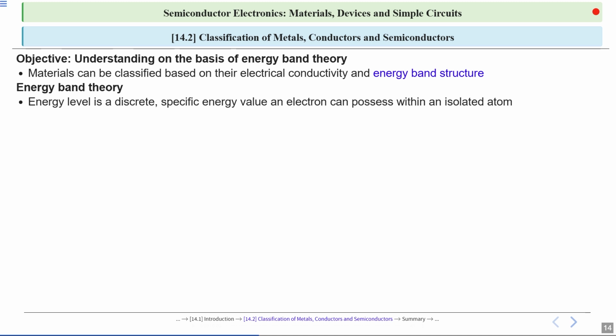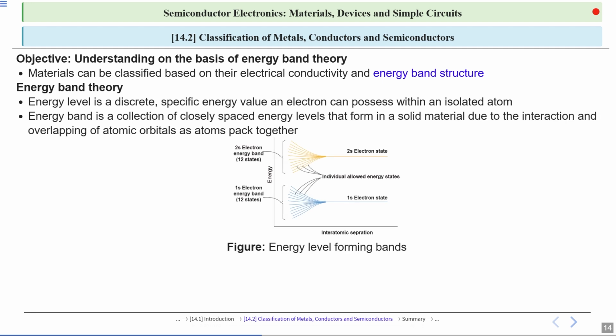In an isolated atom, electrons can have only specific fixed energy levels. These are called discrete energy values, meaning electrons don't exist between these levels but jump between them. In a solid material, when atoms come close together, their atomic orbitals overlap, creating a range of closely spaced energy levels.